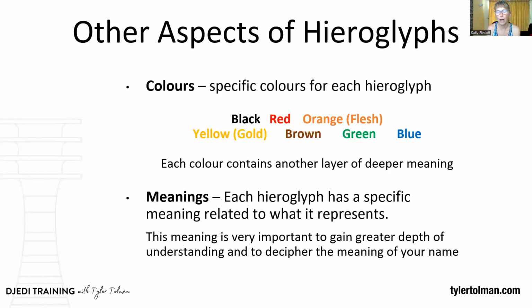Hieroglyphs is a really rich language with multiple layers of meaning for each hieroglyph, which help you gain a greater understanding of what they were trying to represent. It's almost like a picture represents 1,000 words. It's the same with a single hieroglyph representing a myriad of meaning.